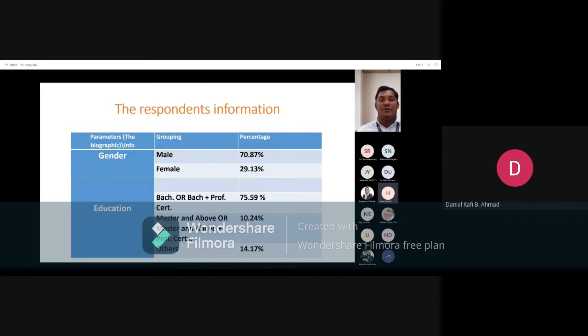Okay, and then education was initially grouped as PhD and so on, but because of the validity of the samples, it had to be regrouped. This is what I've got. The first category is staff or IT practitioners with a bachelor's degree or bachelor's plus professional certificates, at 75.59%. Master's and above, or master's and above plus professional certificates, is 10.24%.